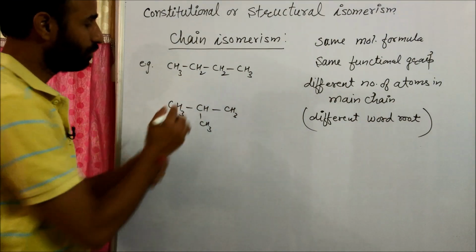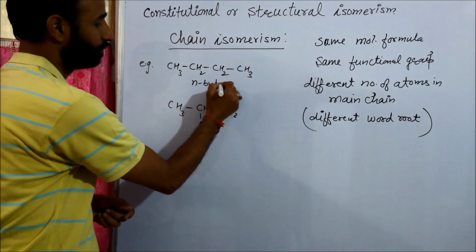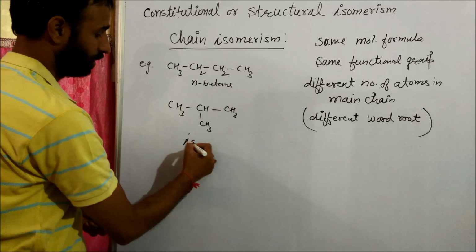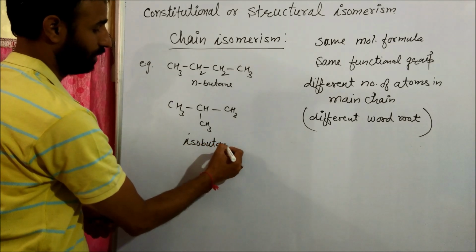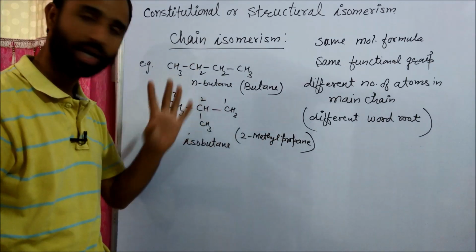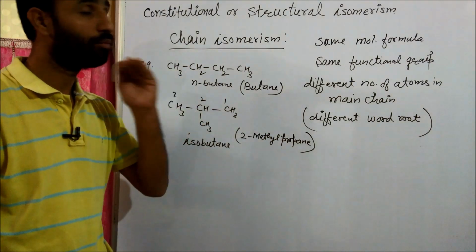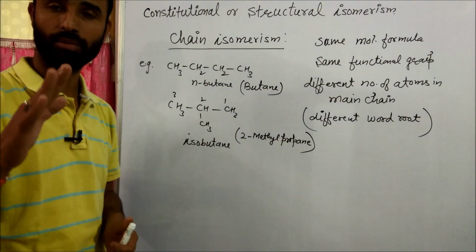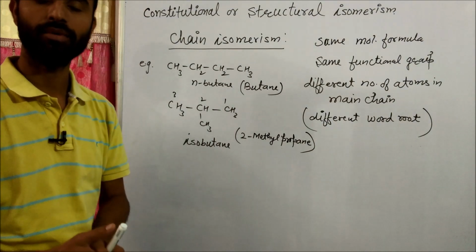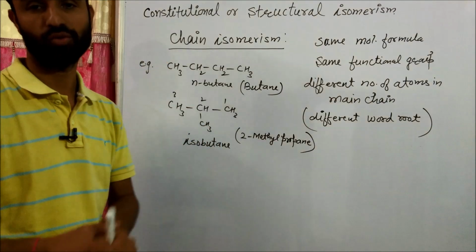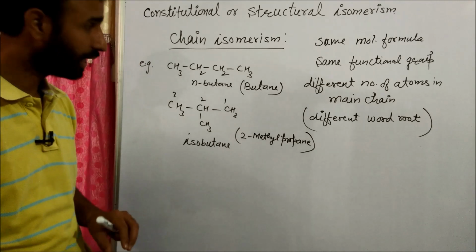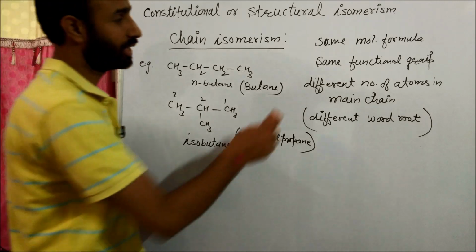For example, this is normal butane and this one is isobutane. There is a change in word root but the same number of carbon atoms. And one more thing you have to keep in mind, that isomers should have the same degree of unsaturation.